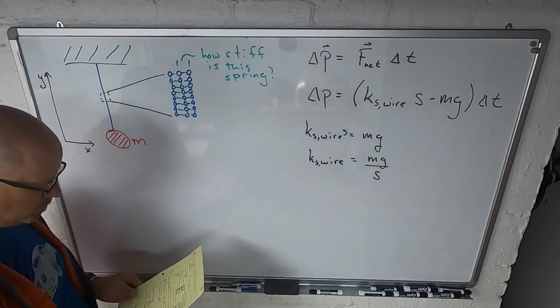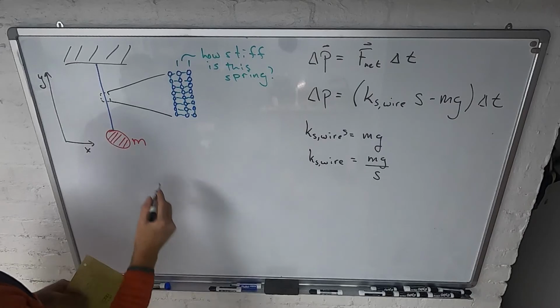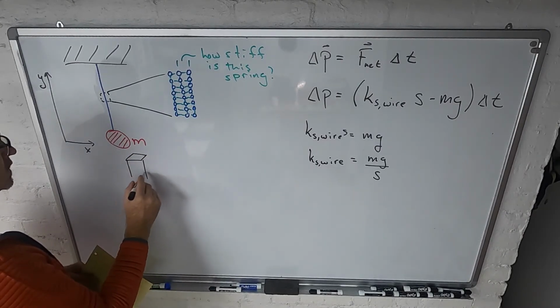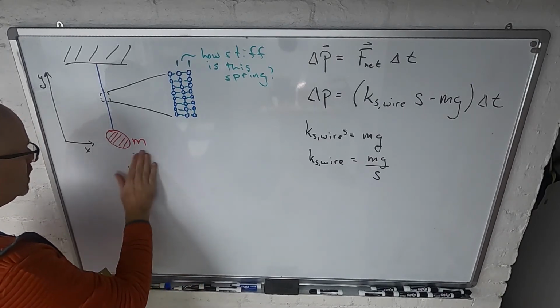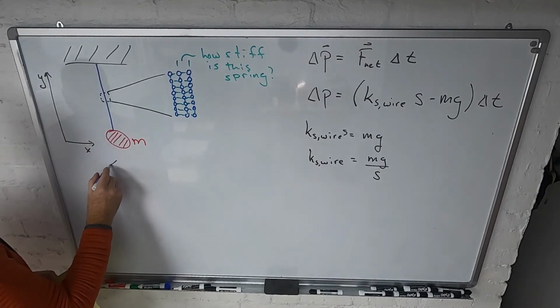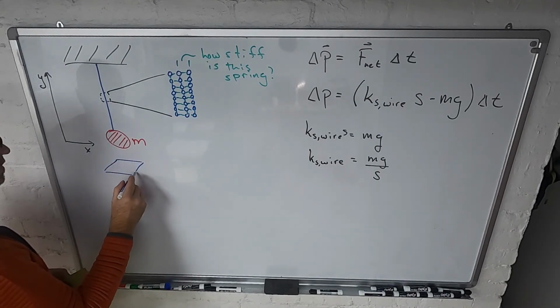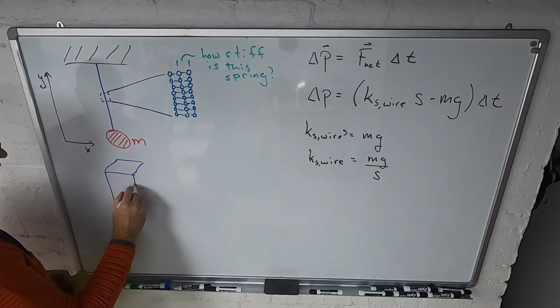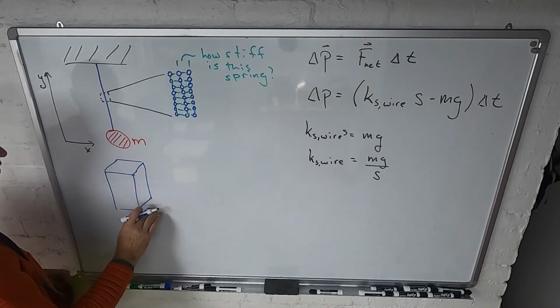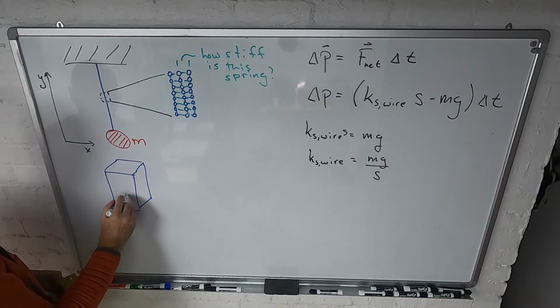Okay, now, my wire, I'm going to say, has a cross-sectional area. My cross-sectional area of my wire, of course, is going to be whatever I deem it to be. I'm going to zoom in a little bit on my wire. Not as much as I did before, but here's a cut through my wire.